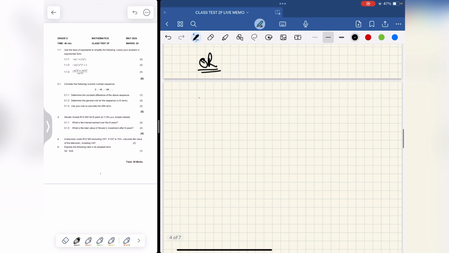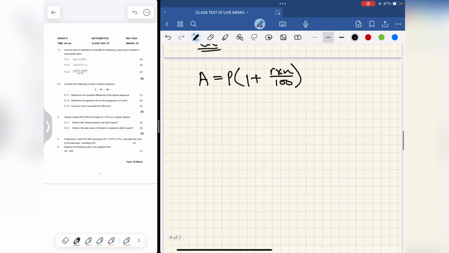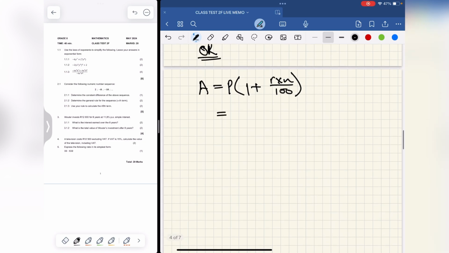we can use our formula for the final amount in such an investment, that is R times N over 100. And our principal amount here was, of course, 12,000 Rand, multiplied by the bracket of 1 plus the interest rate here was 11,8 times the 8 years.